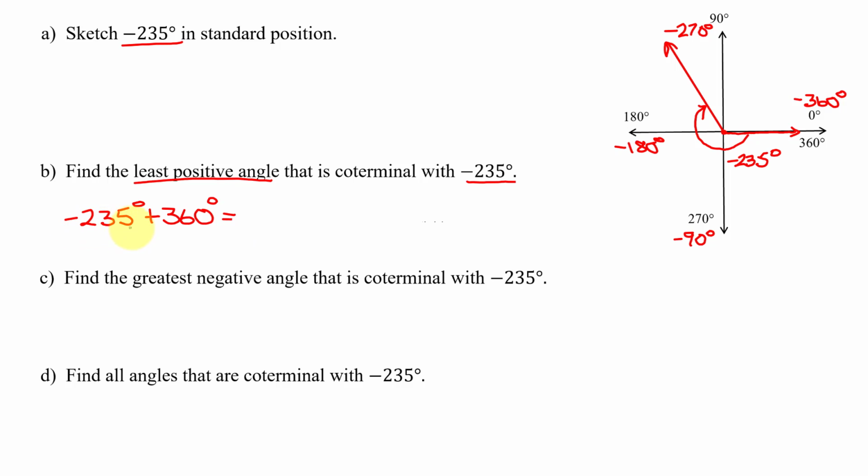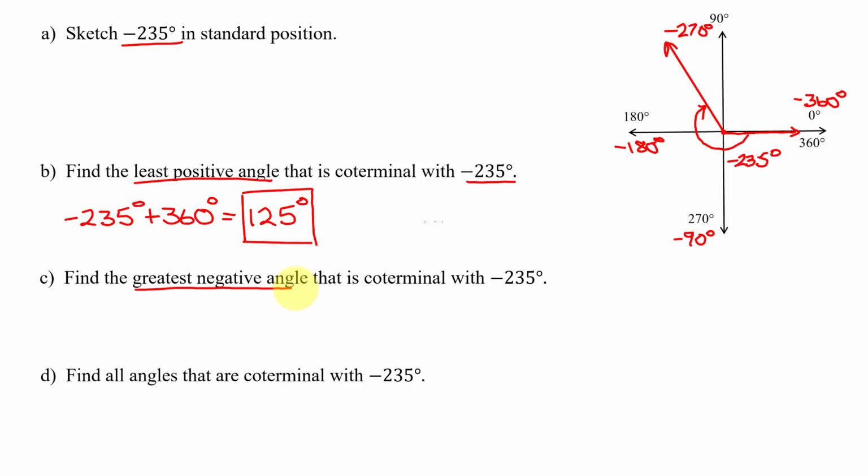So negative 235 degrees plus 360 degrees is 125 degrees. If I add 360 to this, I'll get another positive coterminal angle, but it'll be bigger than 125 degrees. So 125 degrees is the least positive angle that's coterminal with my given angle.